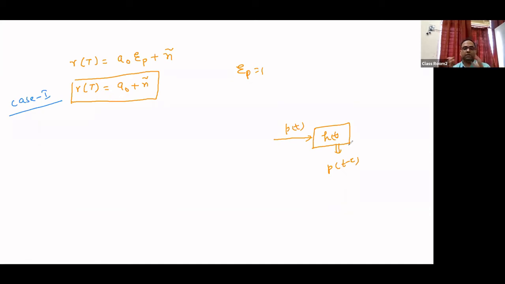A matched filter receiver means that the receiver is perfectly matched to the transmitted pulse. And if your receiver is matched to the transmitted pulse, it is prone to receive that signal. It will not reject that signal. It will completely receive that signal, and it is a good choice for you.